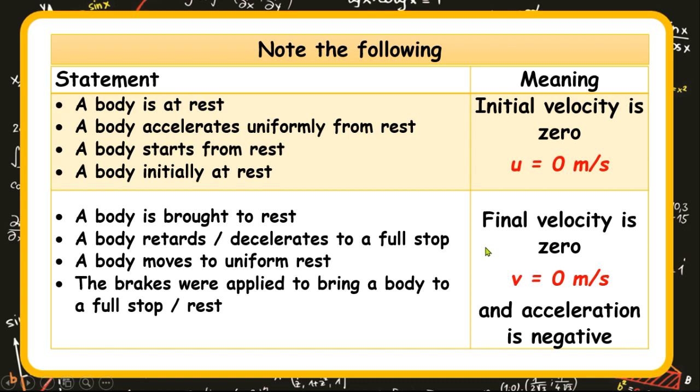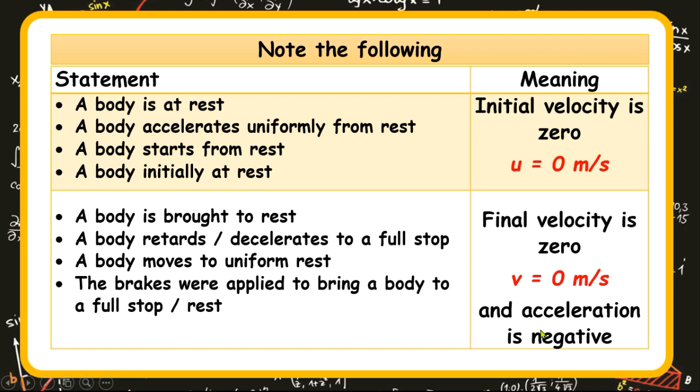It simply means the final velocity is 0. So V will be 0 in this instance. And another meaning to this is then the value of the acceleration is negative. In this sense, it is a deceleration or a retardation. So take note of these phrases and statements. They will do us great good while we are solving these questions.